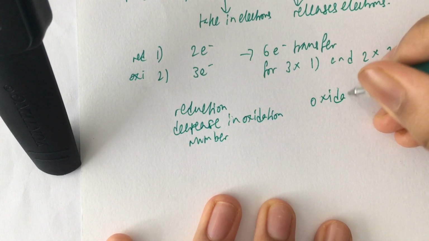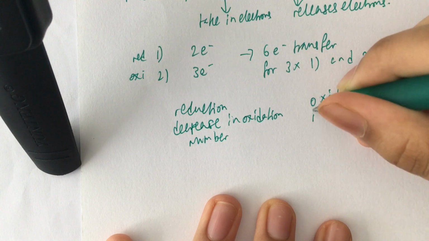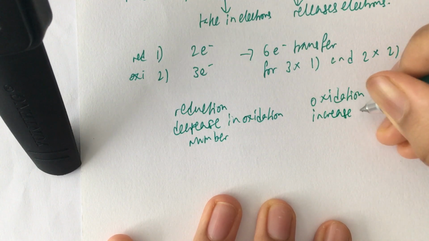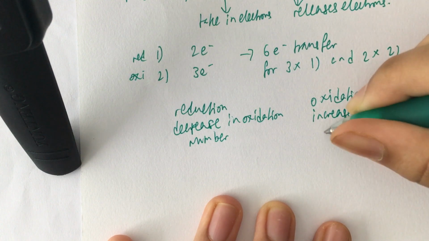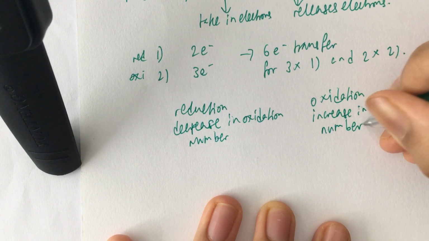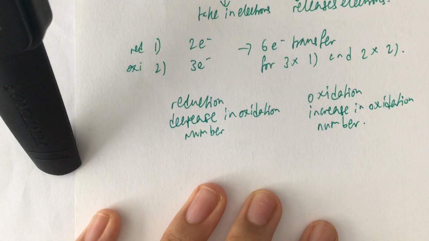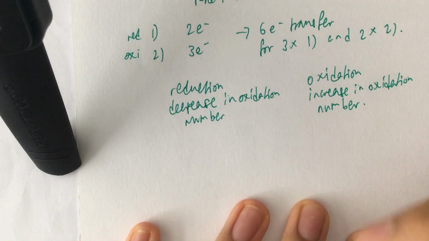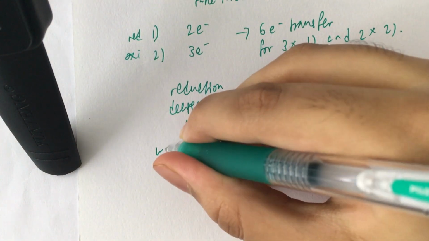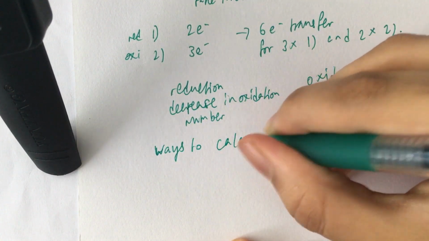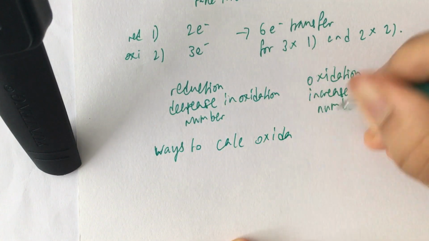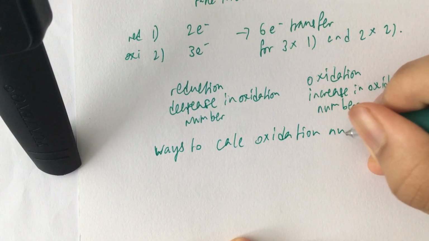So let's say you know how to calculate oxidation number. For example, with organic compounds, we have the element in the center, and the other elements that are attached to it. You look at each of them and see whether they're more or less electronegative compared to the center atom.